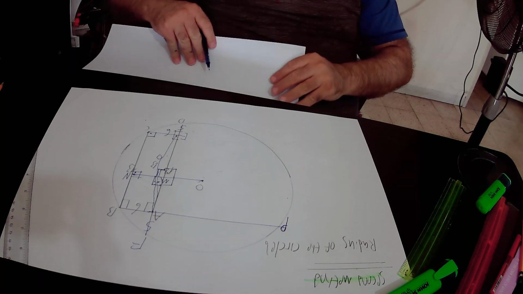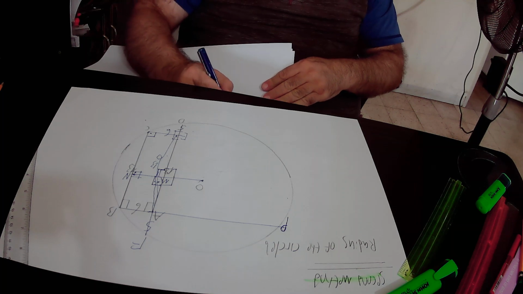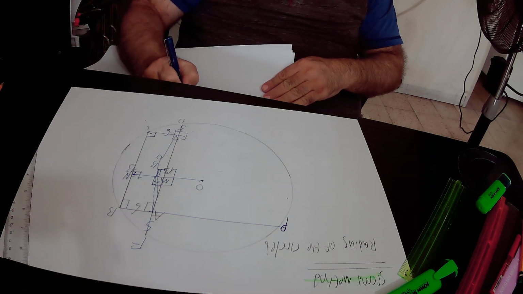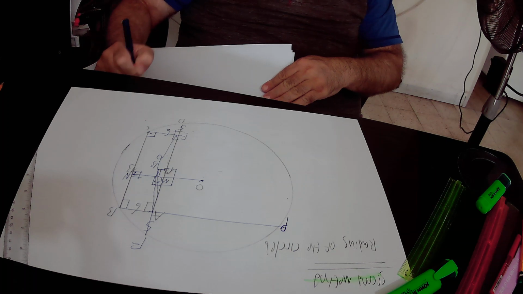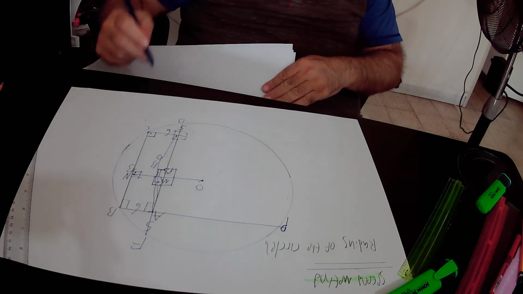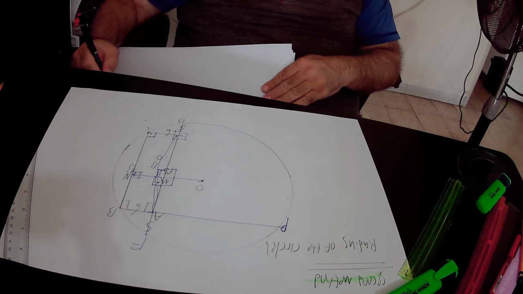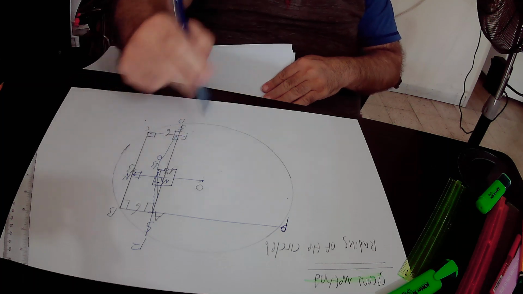Why? Because in our drawing we have chord FD intersecting with chord PB at point A, the intersection point between the two chords.